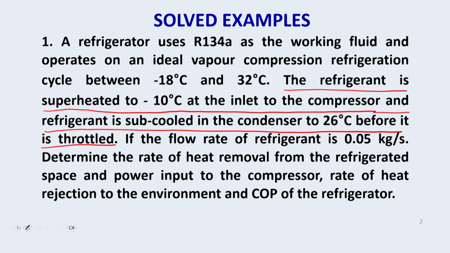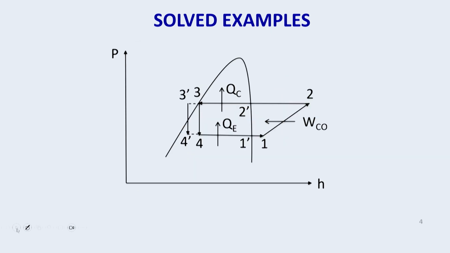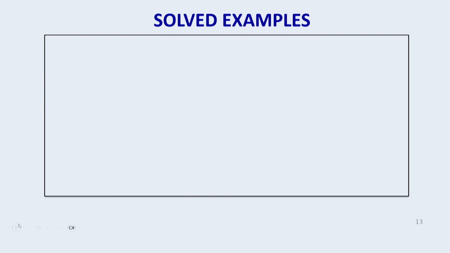So let us first draw the TS and PV diagram. Let us draw the TS diagram first, the temperature entropy diagram. Refrigerant is superheated at the inlet of the compressor.